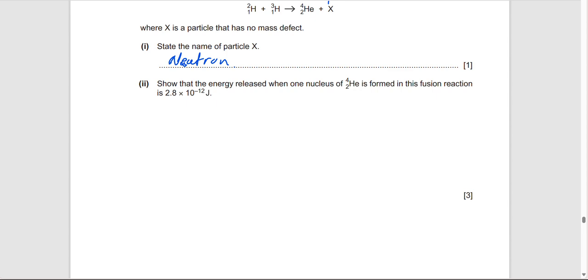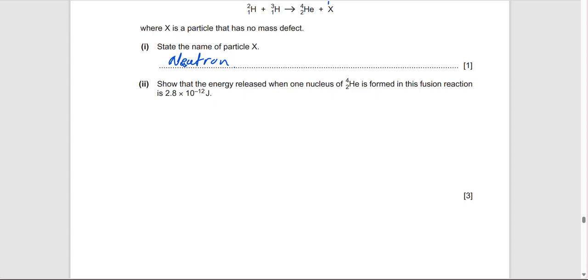Show that the energy released when one nucleus of helium is formed, each reaction, is. Okay. So what you're supposed to do in this case, remember the mass defect. That mass defect is converted to energy from Einstein's equation of relativity. Remember, E is equal to mc squared. So what you can do is calculate the mass defect first. Right?